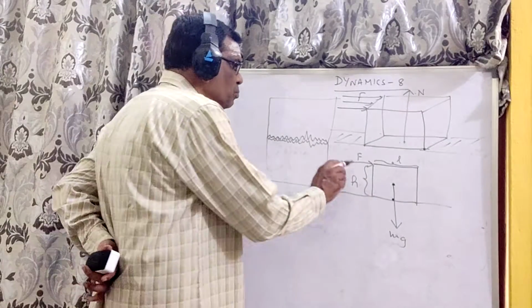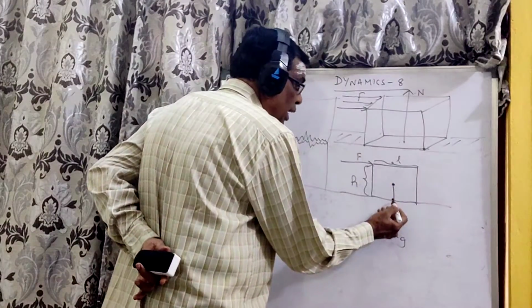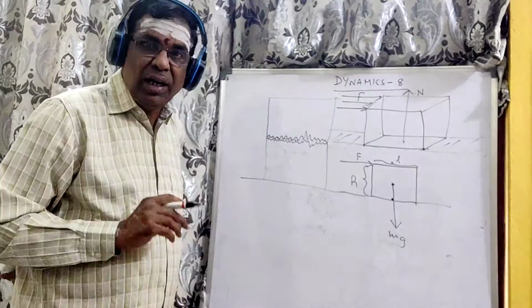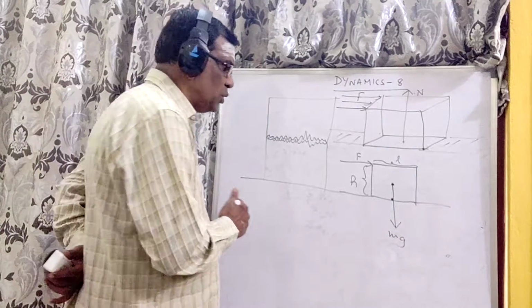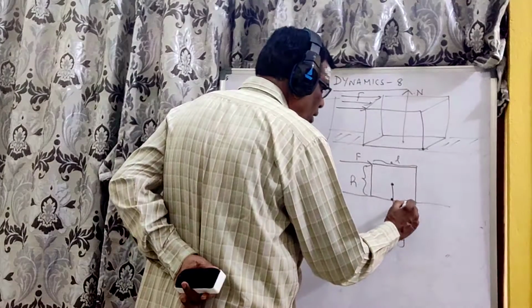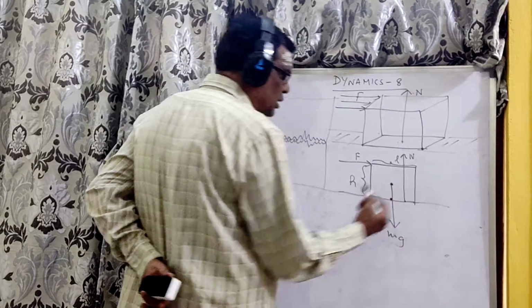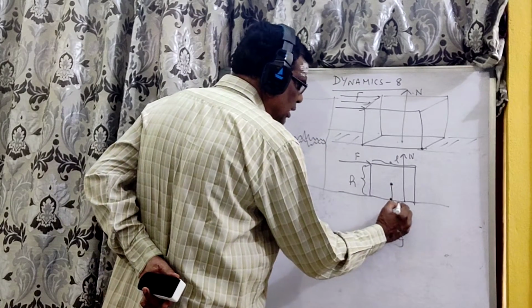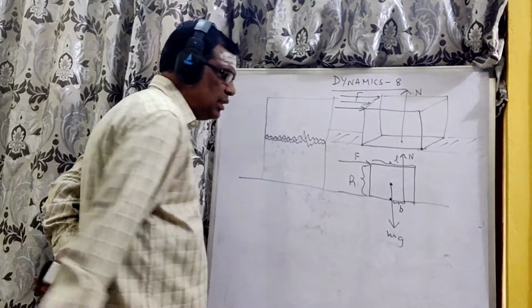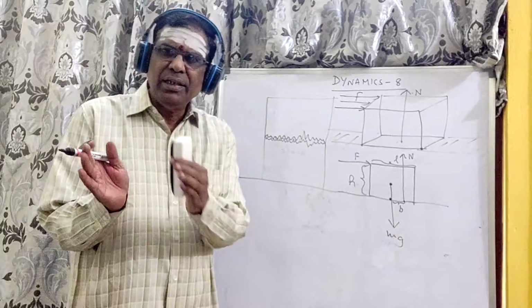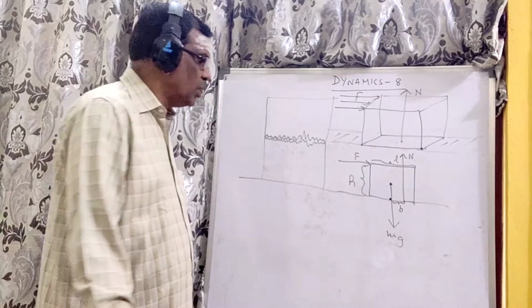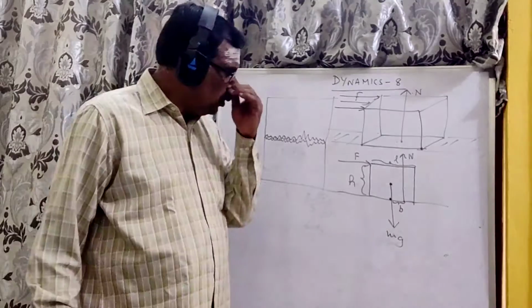I am putting it. And this is force. Now, N you don't try to draw like that. What you should do, it may probably get shifted slightly. Let us say it shifts by a distance b.